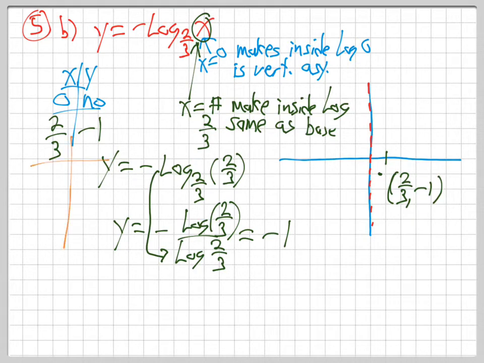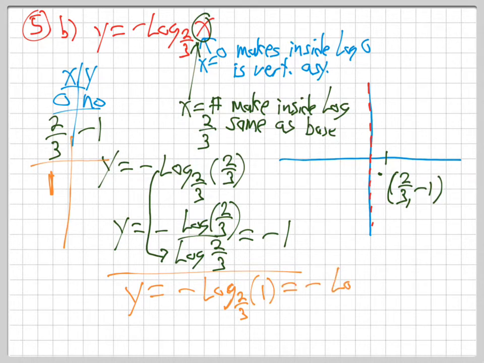Okay, we need one more dot. Let's just do x is 1 because that's an easy number. y equals minus log base 2/3 of 1. How do we work that out?